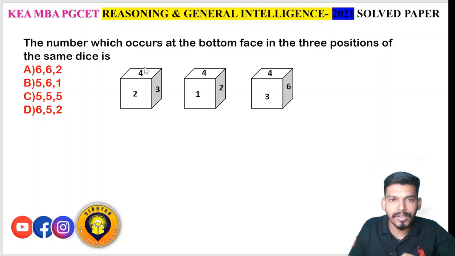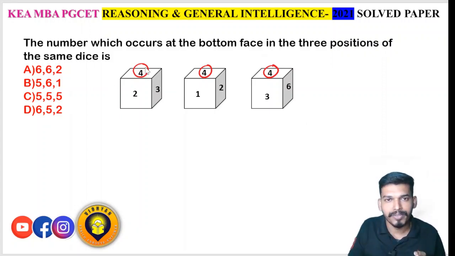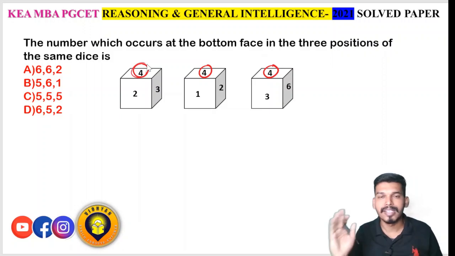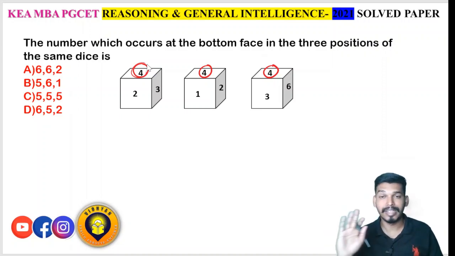The top face in all the dice is 4. Just imagine a dice: the top face has 4, then surrounding it there are 4 faces, then 1 face at the bottom, so in total 6 faces.